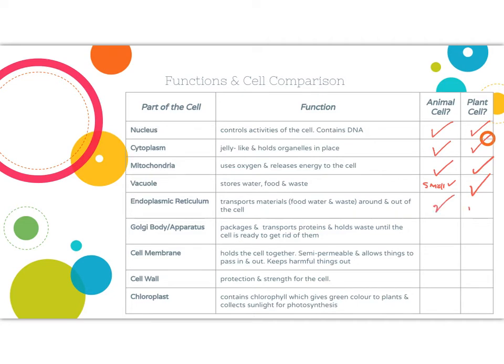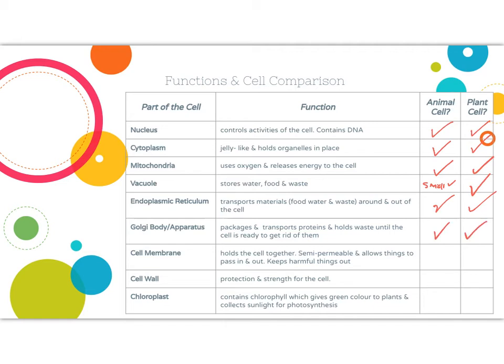It is present in both the animal and plant cell. The Golgi body or Golgi apparatus, depending on what it's referred to in the question, it means the same thing. They package up and transport proteins, and then they hold waste until the cell is ready to get rid of them as well. They occur in both plant and animal cells.